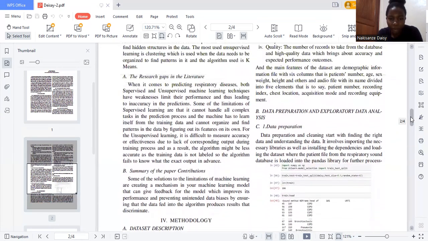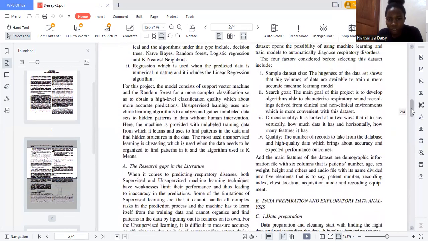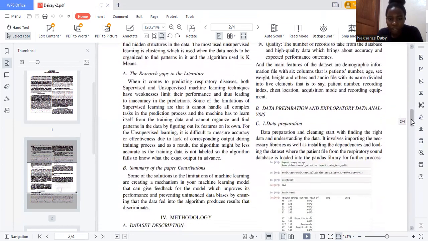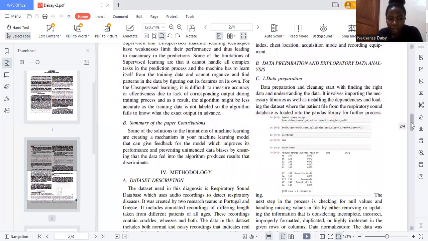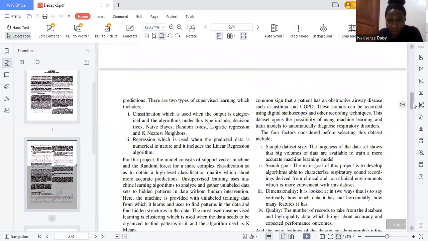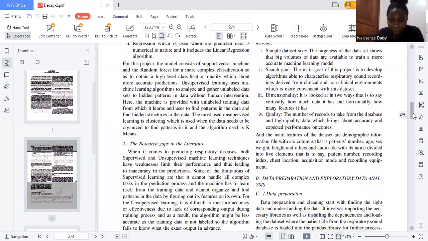We also have the methodologies, and under the methodologies, I have the dataset description, where I give some of the factors and features that I considered before selecting this data set.